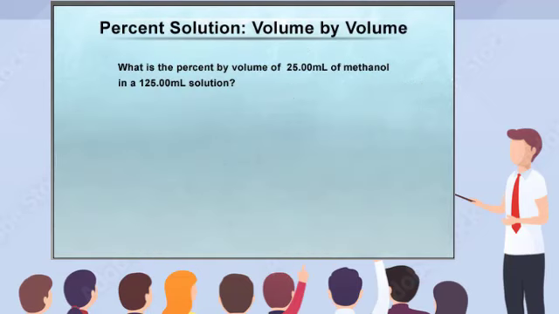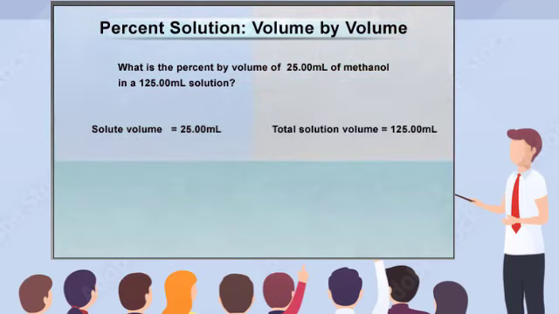Suppose you add enough water to 25 milliliters of methanol to bring the final solution volume to 125 milliliters. What is the percent methanol by volume? To answer this question, list the details that you know. 1. The volume of solute is 25 milliliters. 2. The volume of solution is 125 milliliters.